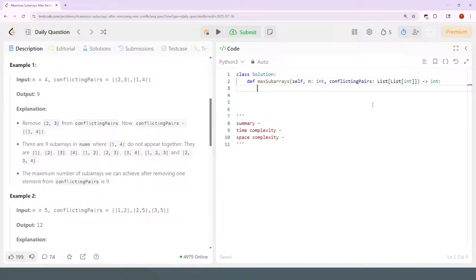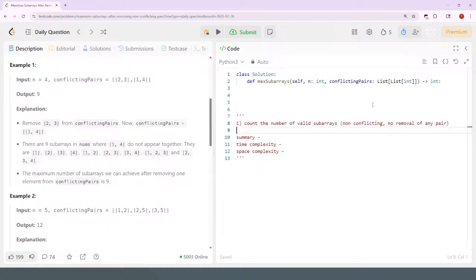So if you start with counting the number of valid subarrays, non-conflicting, and no removal of any conflicting pair, then this should probably be using a sliding window.